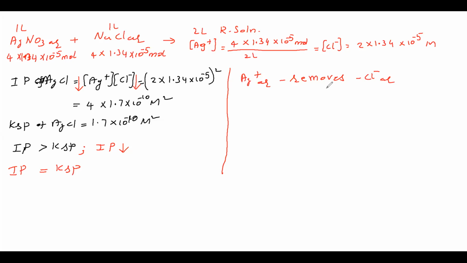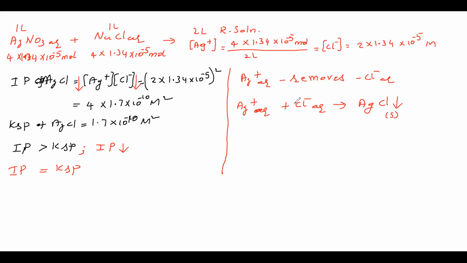How will the system remove them? The system removes Ag plus ions and Cl minus ions from the solution, that means the system makes Ag plus aqueous and Cl minus aqueous go out from the solution. In what way? The system makes them become solid.